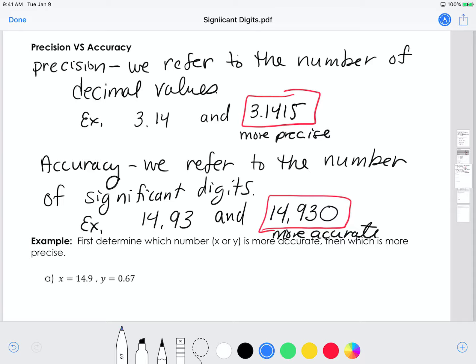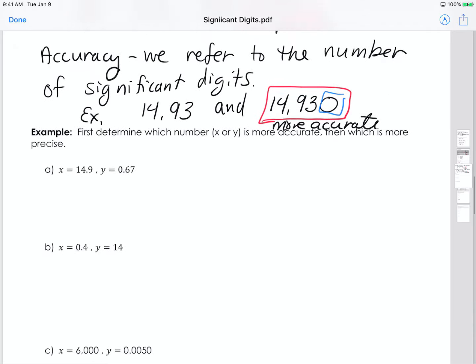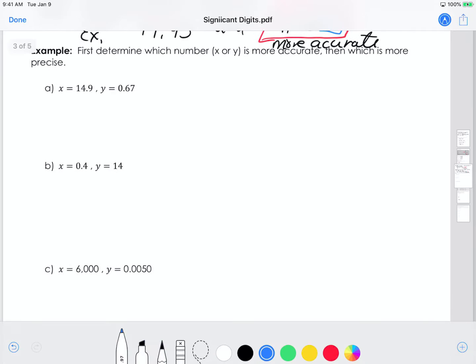And this number here, I'm including 0 as a significant digit because it's a trailing 0 to the right of the decimal.